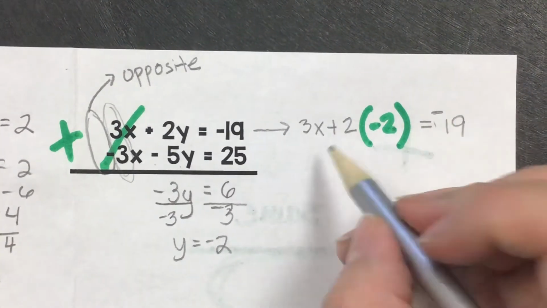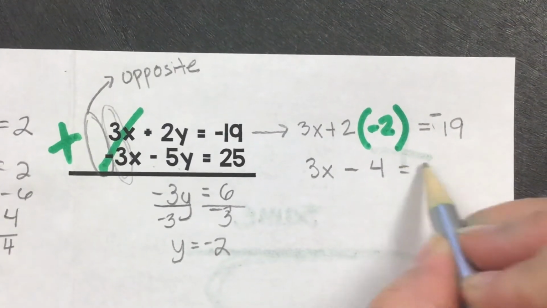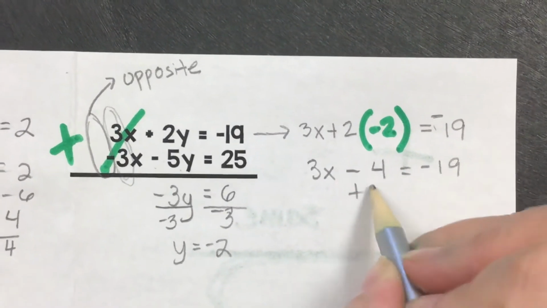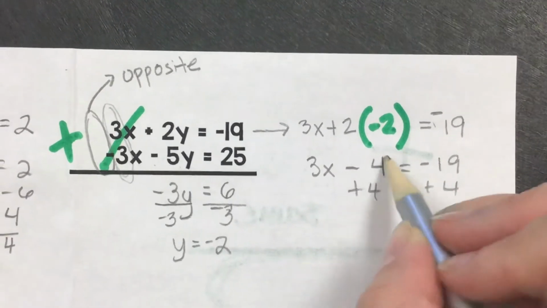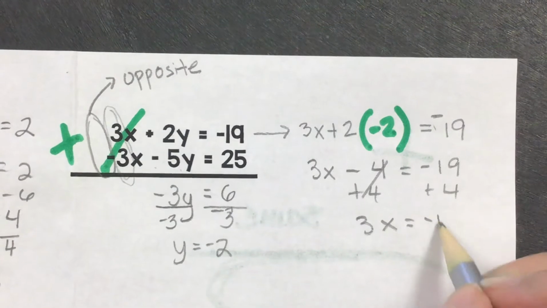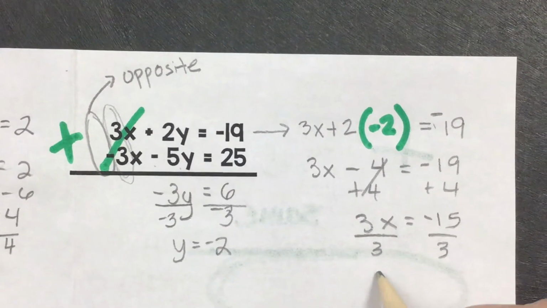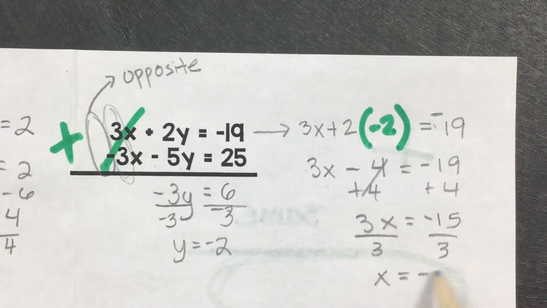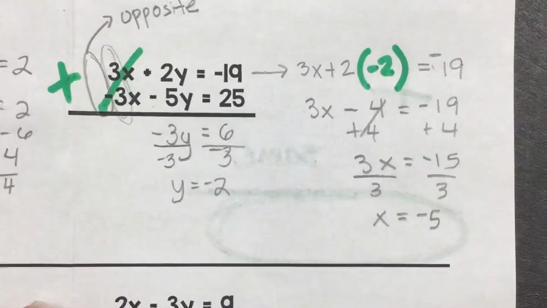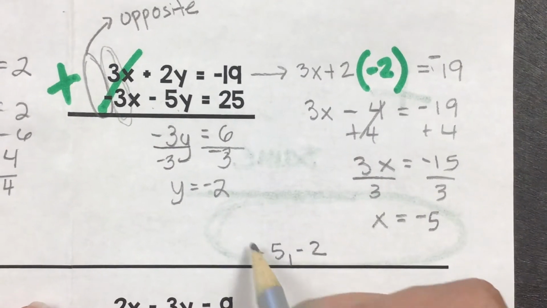And we solve for x. So 3x minus 4 is equal to negative 19. Add 4 to both sides. 3x is equal to negative 15. Divide by 3. x is equal to negative 5. And your final answer will be the ordered pair negative 5, negative 2.